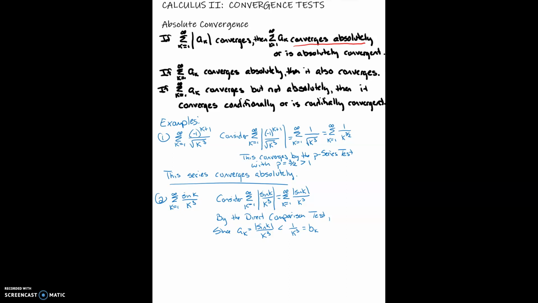The second part is now to look at the series of just b sub k's. Well, that is the sum as k goes from 1 to infinity of 1 over k cubed.